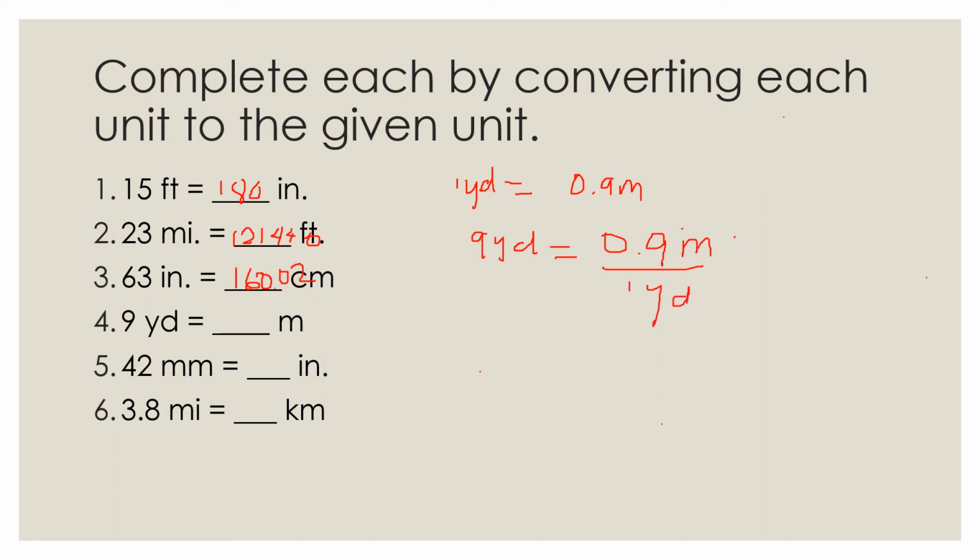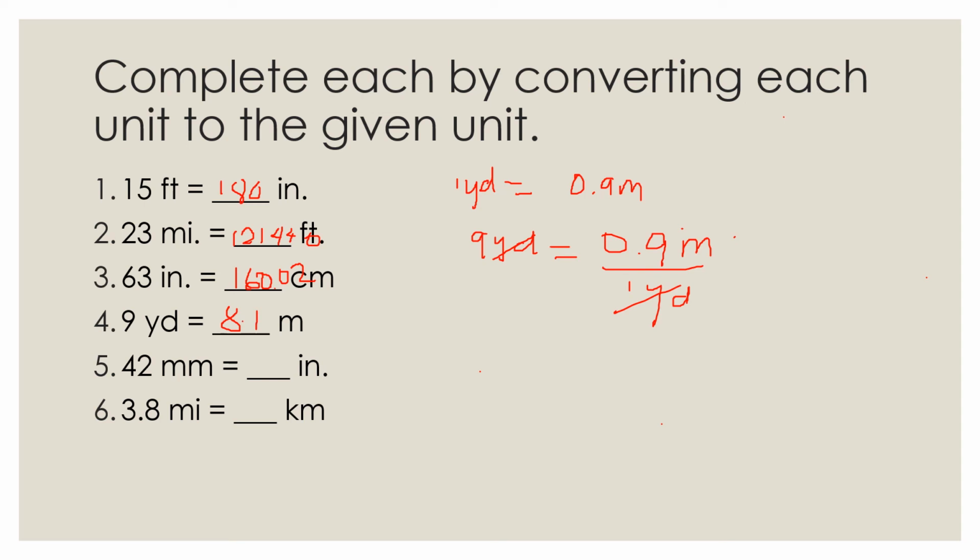So we cancel the yard. That is 9 times 0.9 equals 8.1 meters.